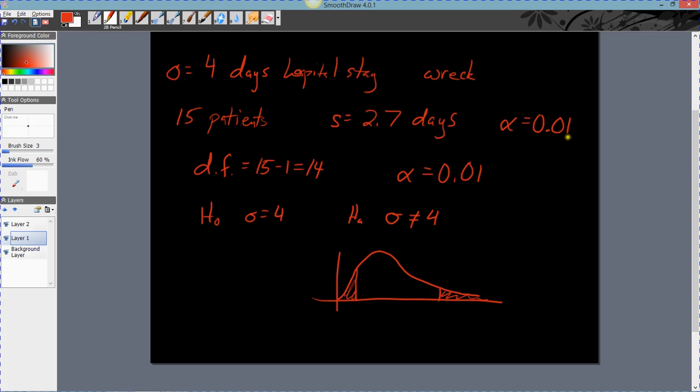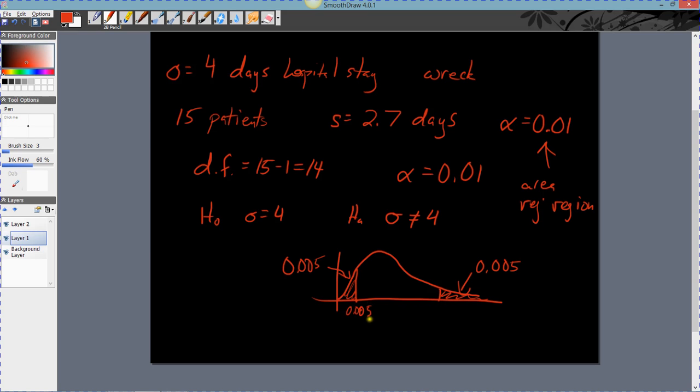Alright. Well, if alpha is 0.01, that's the area of the rejection region. So if this area is 0.01, that means each piece of it here is 0.005. Which means these two values we're going to look up are the ones for 0.005.